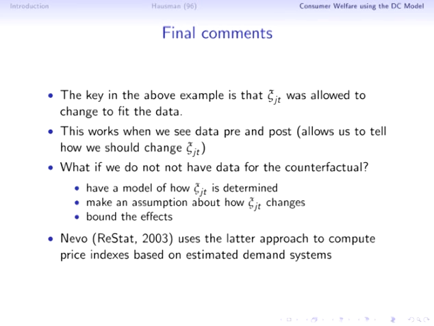We don't know what it is, so then we'd either have to make a model of how this Xi-J is determined, maybe make some assumptions, and that's something we're going to have to face when we talk about price indices. So, for example, we could do various things, or we could try to do some sort of bounds, saying, okay, I don't know exactly how it's going to change, but I can maybe bound it in particular directions and use that as well.